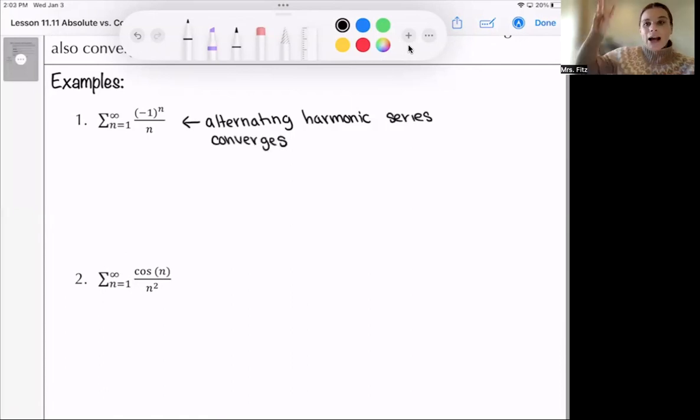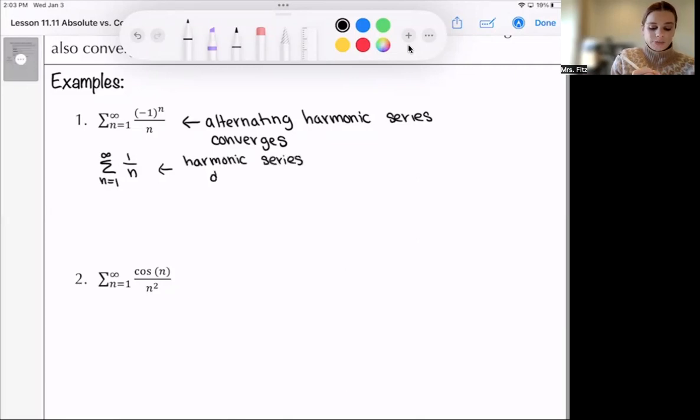Now, if I were to take the absolute value of each of the terms, I would get the sum from n equals 1 to infinity of 1 over n, right? Because it's no longer alternating. This is actually just the harmonic series, which we know diverges.